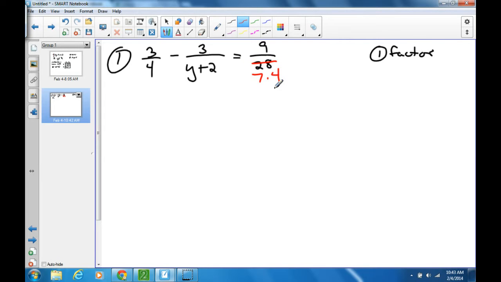All right? So one of the things I want to do before I solve for y is find a common denominator. Okay? What would be my common denominator here? You want each factor to be represented once.